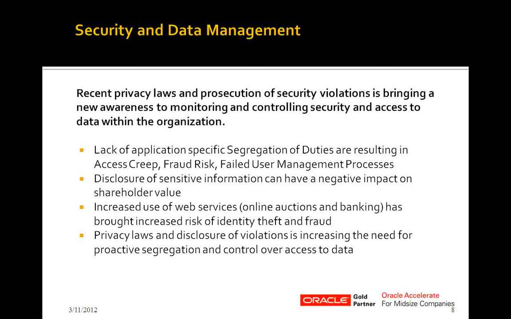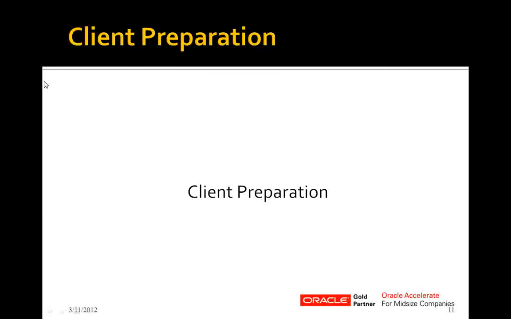And we talked about the privacy laws, the fact that more and more business is done online and increases the risk of identity theft and fraud. These are just some of the considerations as to why you need to take a look at your access security, segregation of duties, and restricted access.